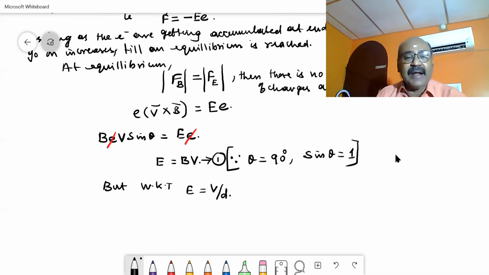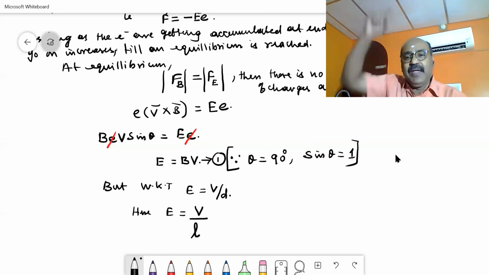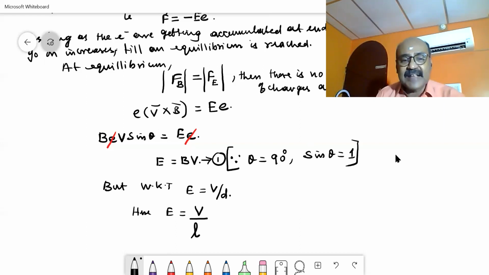So here, the value of electric field E is equal to V by, instead of d, the length of the conductor AB. The length of the conductor is L. Therefore, from this relation, I can write the potential difference V equal to E into L. Take this as equation number 2.